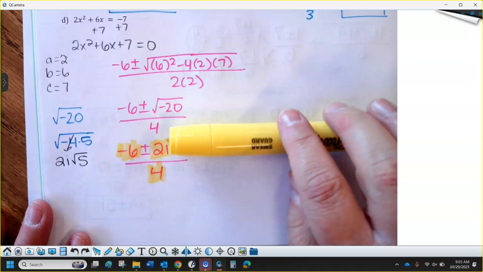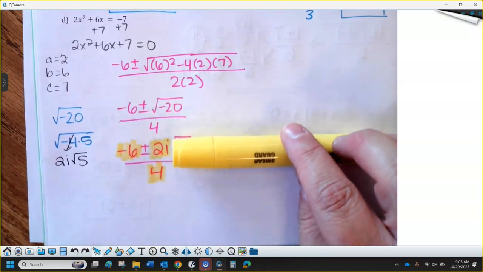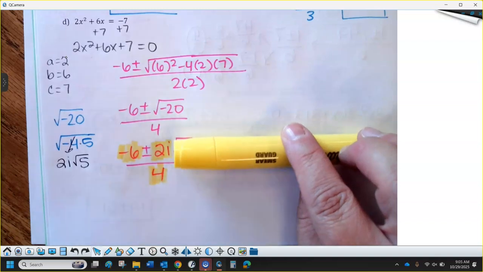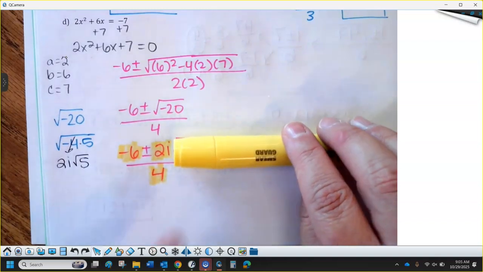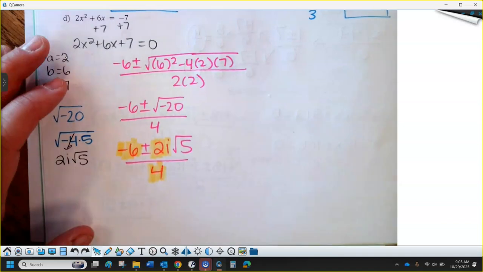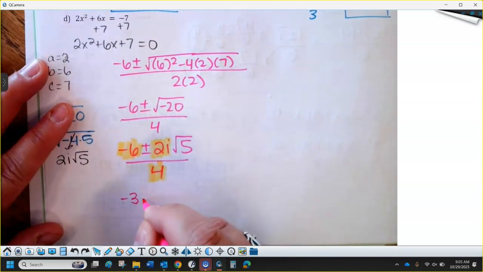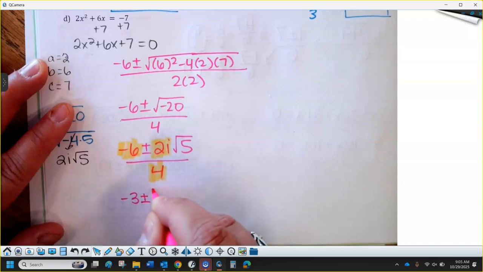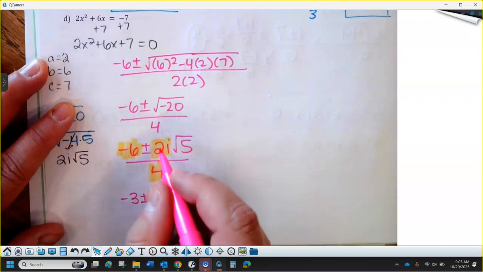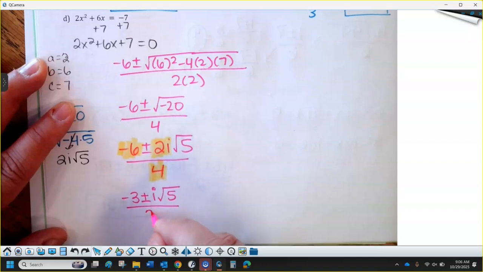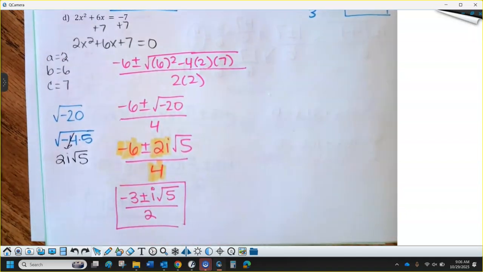If all three of those numbers, and it doesn't matter if it has an I, are divisible by something, which they're all divisible by 2 here, you can reduce that, but do not change the radical. So this would end up simplifying to, I'm going to divide everything by 2. -3 plus or minus. Now this would just be I. 2 divided by 2 is kind of like the last question, but we would have an I here in this one. We didn't have an I in the last one because we didn't have a negative under the square root. And then the bottom would be 2.